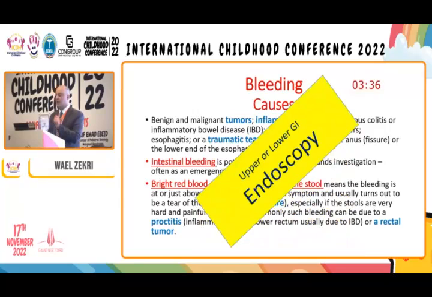Bleeding or one of these warning signs mandates further investigation like upper or lower GI endoscopy and CT abdomen.